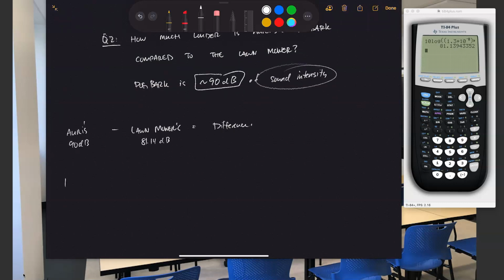For Ari, using the formula with I sub A for Ari over that benchmark, it ended up being 90. I'm just going to re-represent it like this, minus the lawnmower, which is 10 times the log of I sub L for lawnmower.